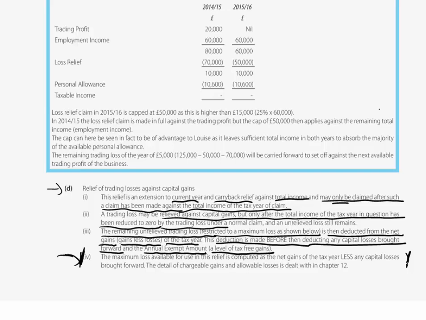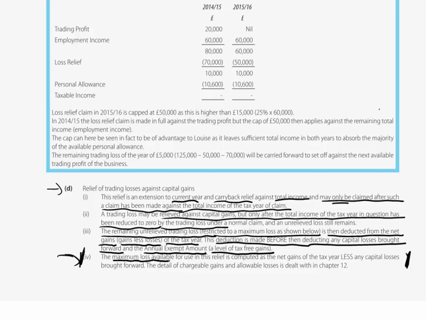Now, what we've seen is you were told in that question that followed that the trading loss remaining after having applied against total income was that figure of, what was it, £24,000, I think, there. Right, what is this maximum that may limit that 24 to a lower figure?